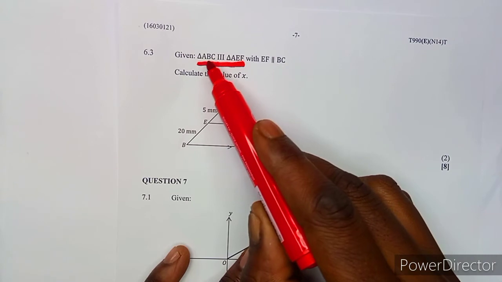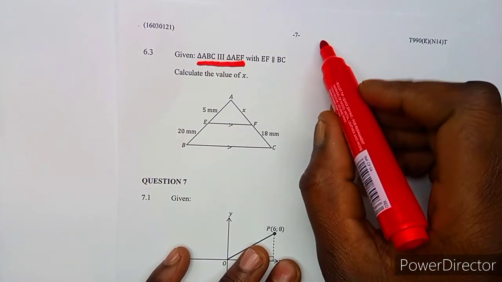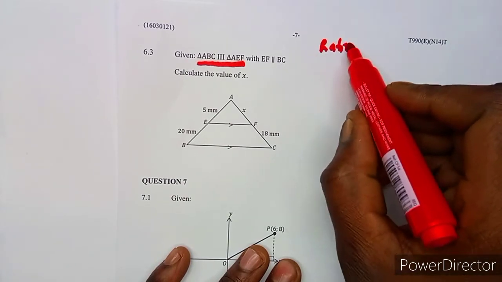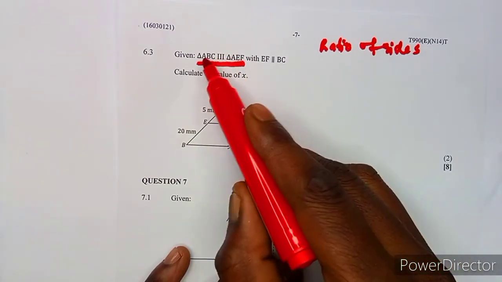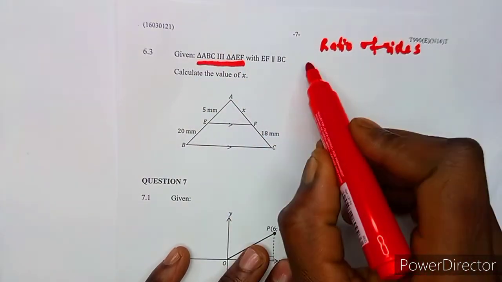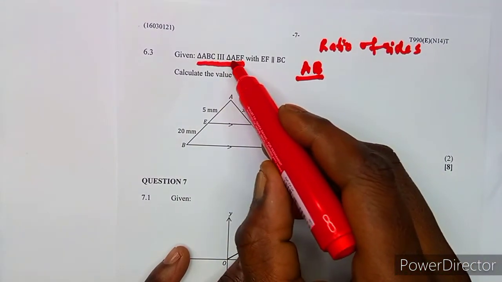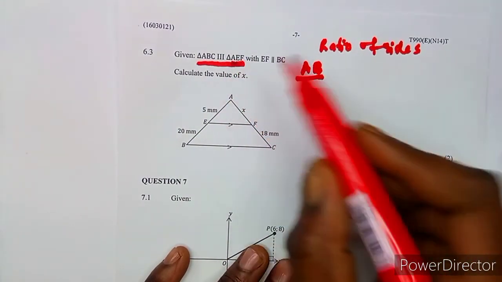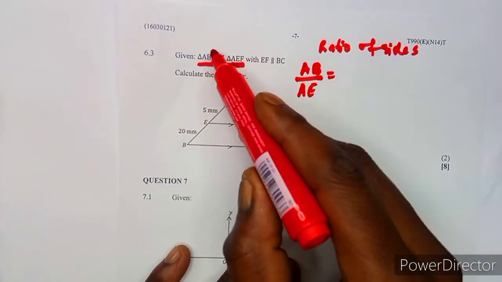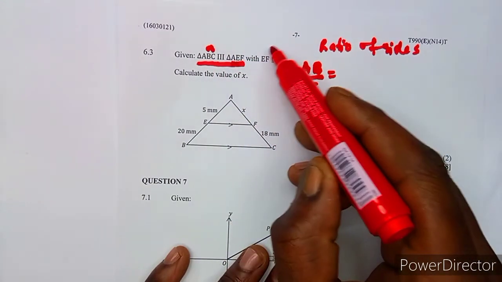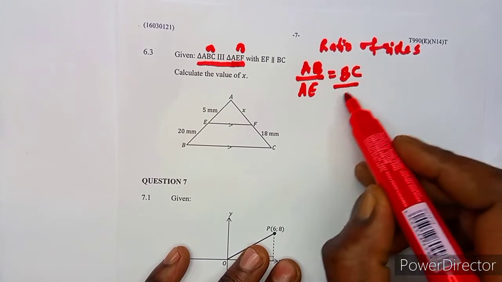So using ratio of sides, this is going to be AB over the corresponding side, which is AE, which is equal to BC over EF.